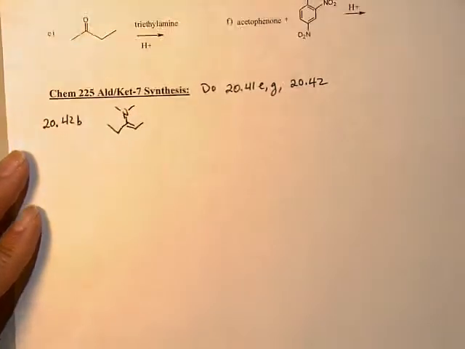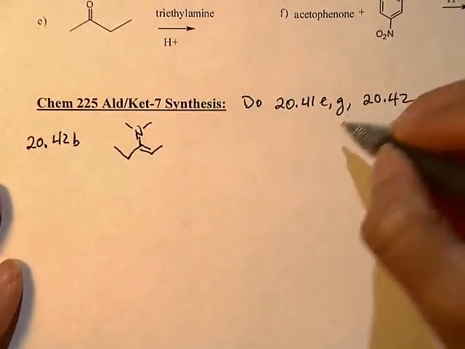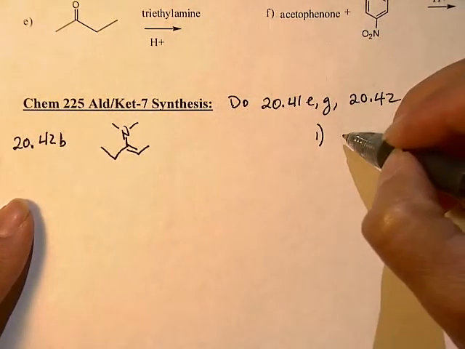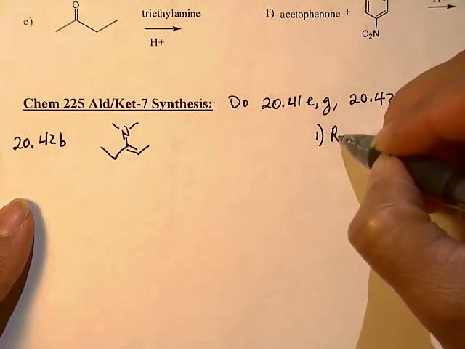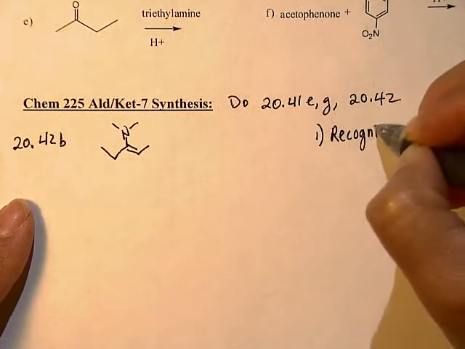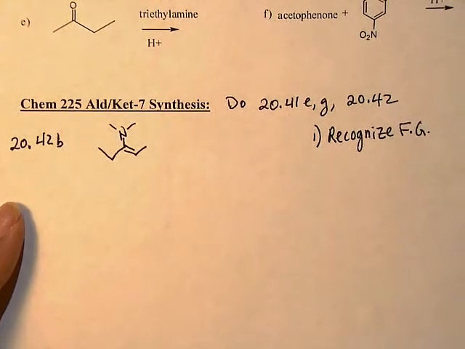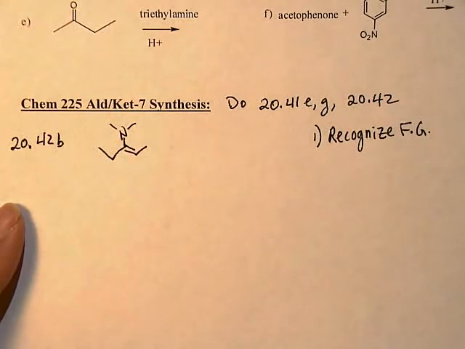All right, in doing any synthesis, you should first look at the product that you are asked to make, all right? And look at it and see if you could recognize the functional group. That's very important. I'm going to abbreviate it as FG. So that's the first step. What functional group do you recognize in what you are asked to prepare?